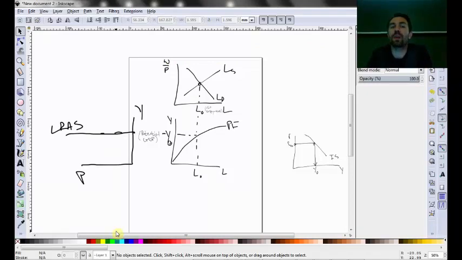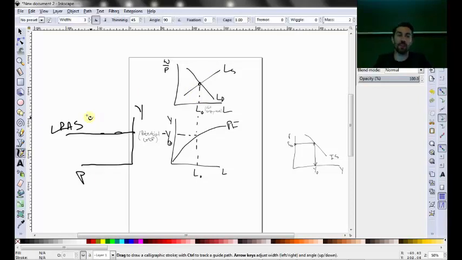Now we're going to see that we can have a short run change in this market and we can have a long run change. Well, we haven't shown that yet. But I will be showing it just now. Because remember, in the short run, if I add a short run aggregate supply curve here, I can move away from potential GDP.